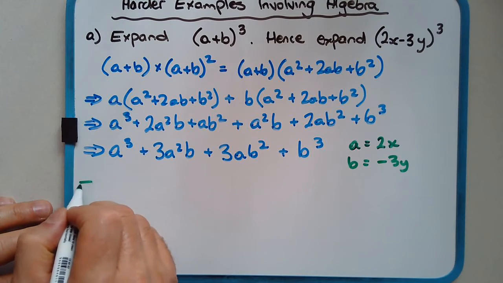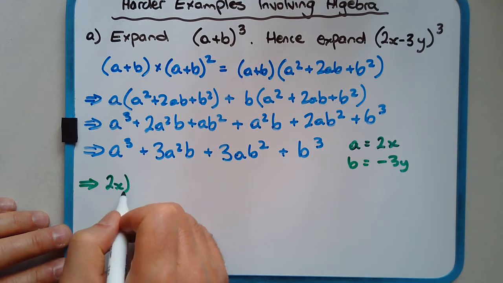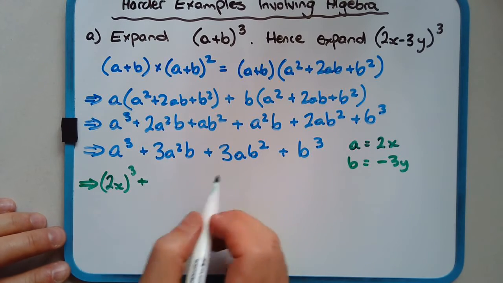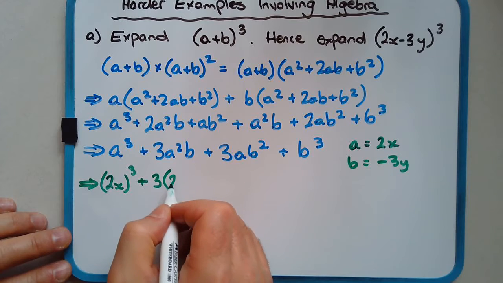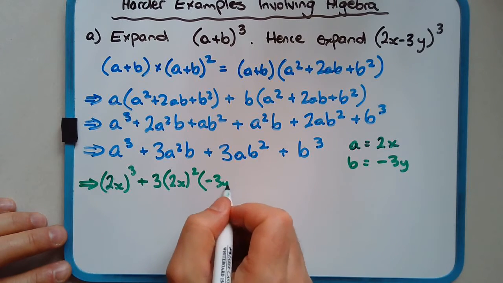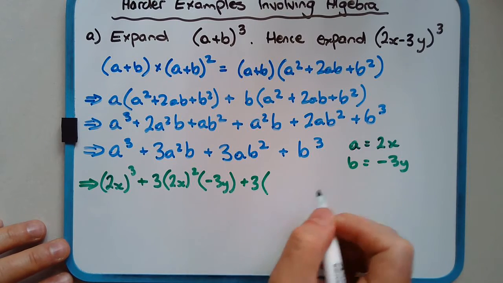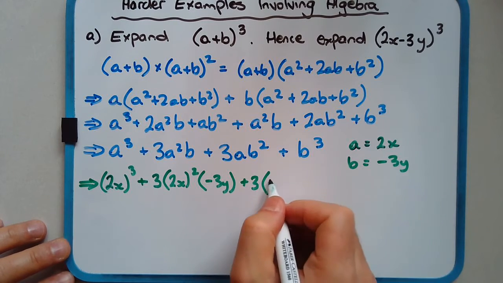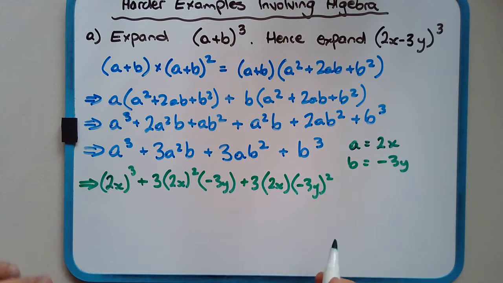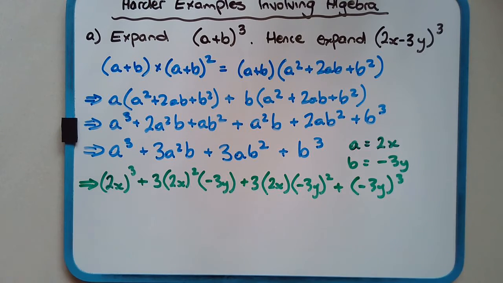So a cubed is going to be (2x) cubed, plus 3a squared b, so that's 3 times (2x) squared multiplied by b, which is negative 3y, plus 3ab squared, so that's 3 times a, which is 2x, times b squared, which is (-3y) all squared, plus b cubed, so that's (-3y) all cubed.